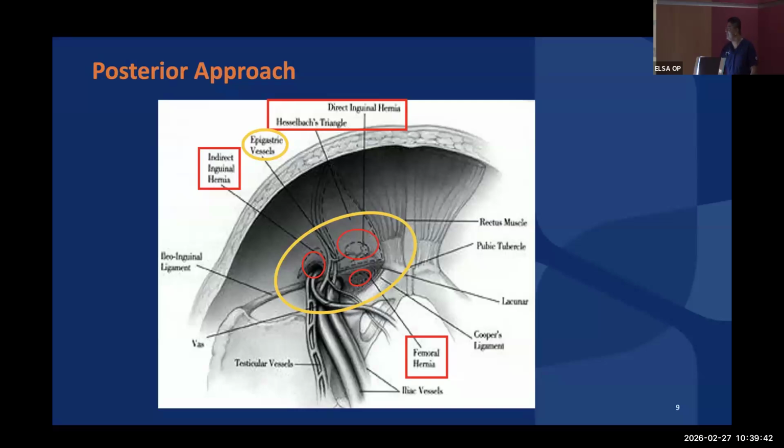Yeah, very nice. So that's where your direct hernias occur. Lateral to the inferior epigastric is where the indirect hernias occur. And femoral hernia, this is inguinal, this is lacunar. So this is where the femoral hernia occurs.